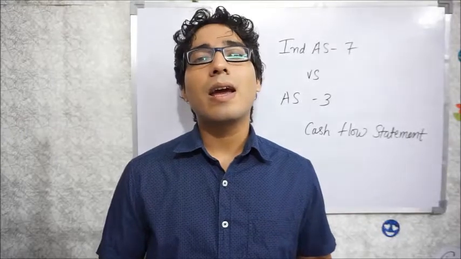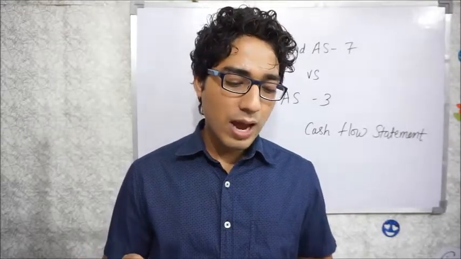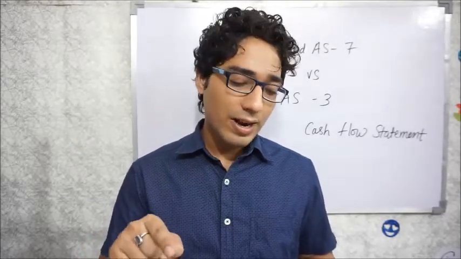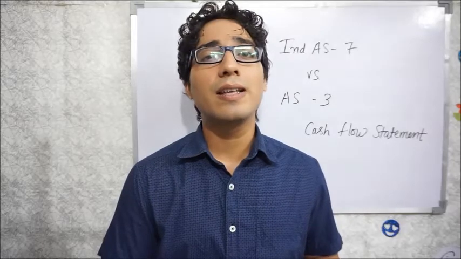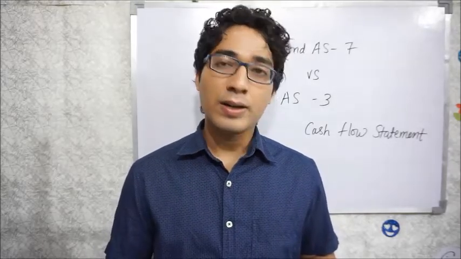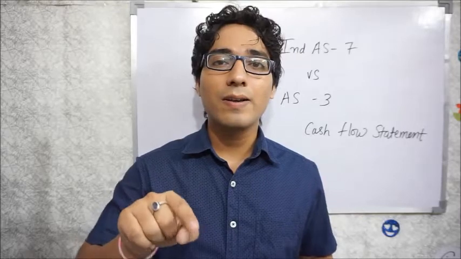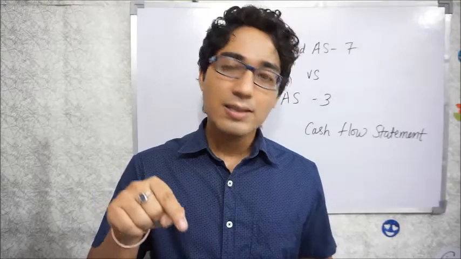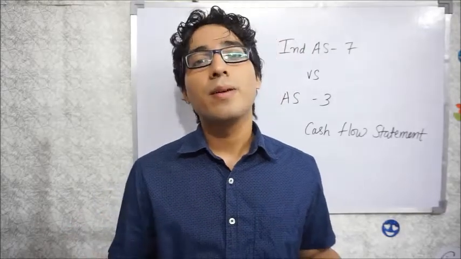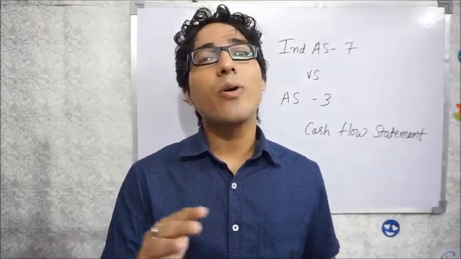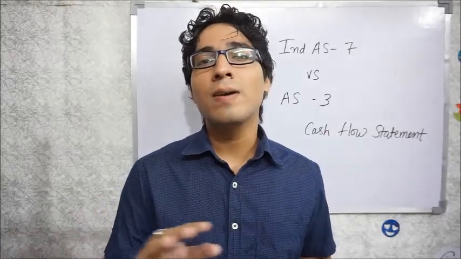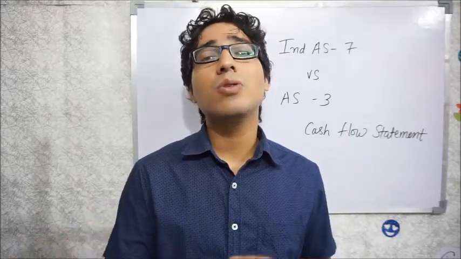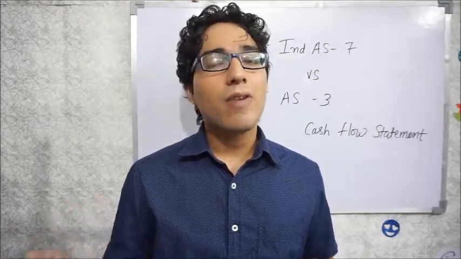So under earlier accounting standard 3, extraordinary activity was separately classified into operating, financing and investing. But in Ind AS 7 there is no such requirement. Why? Because under Ind AS there is no extraordinary item at all. So Ind AS 7 or any Ind AS does not say anything about extraordinary activity, because there is no such requirement under Ind AS.